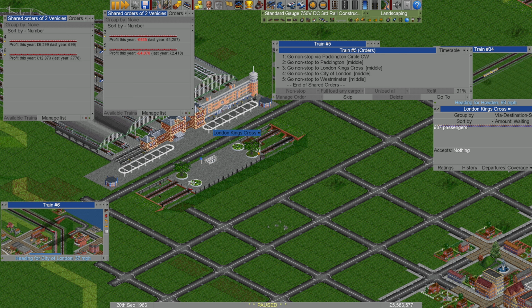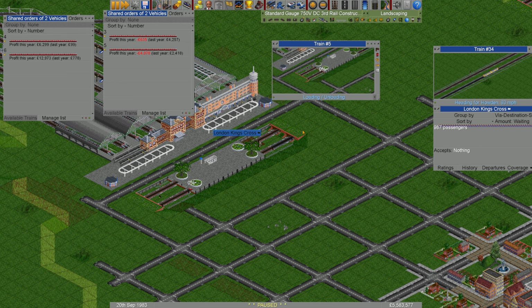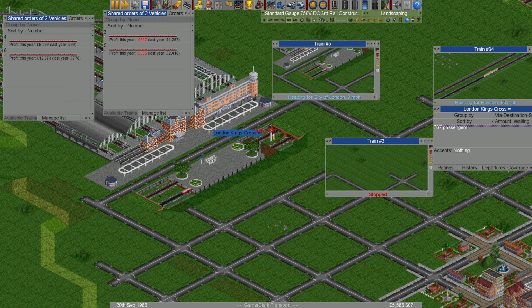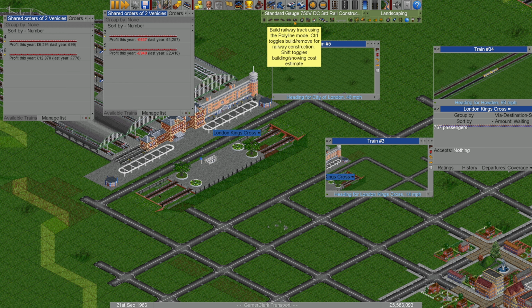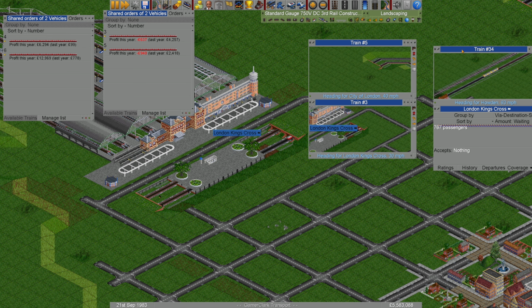We can stop the other one, can't we? Move that. So we're forcing it to turn around just to fix it for now. We're on to a winner, so let's keep an eye on those two whilst we're watching that one as well.